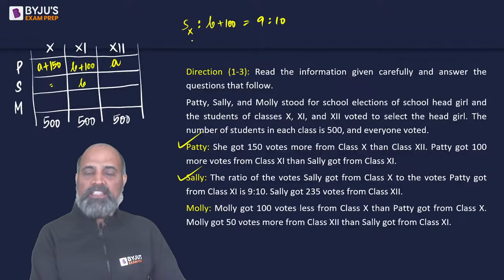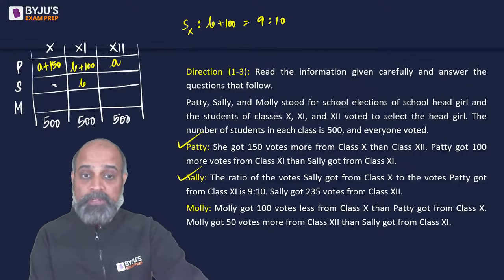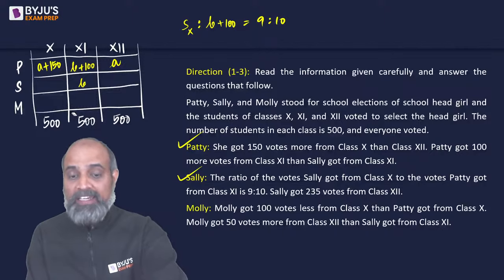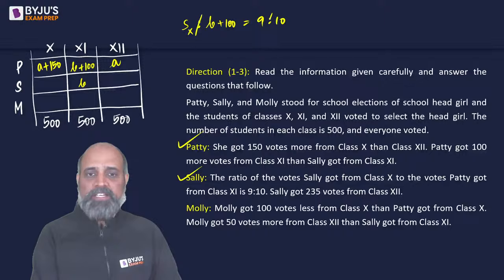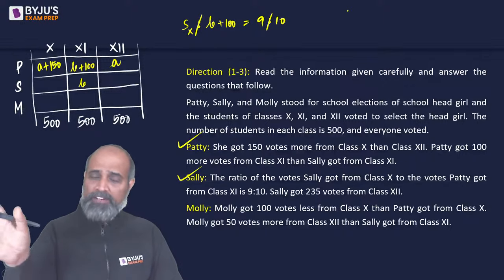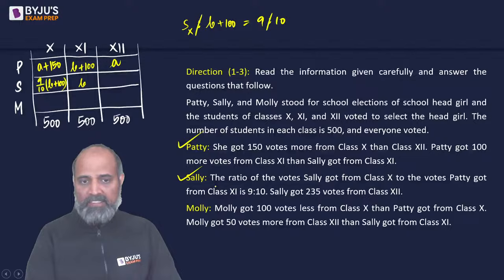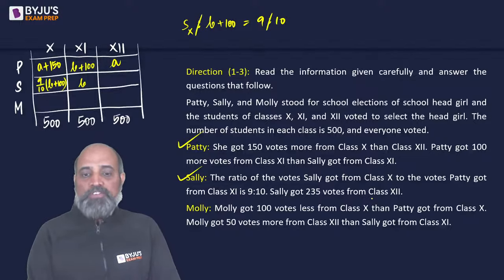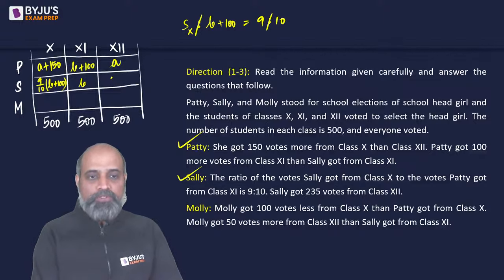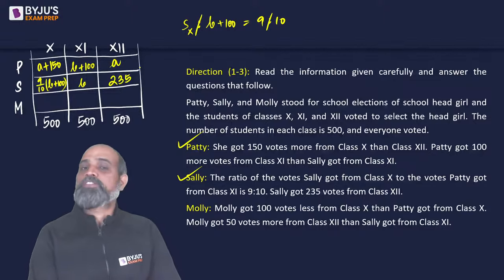So can we say the number of votes Sally received from class 10th is going to be 9/10 of B plus 100? Treat it as a fraction: B plus 100 will go to the other side, and this one will become 9/10 of B plus 100. Make sense? Sally got 235 votes from class 12. So this is 235. This one is fixed.